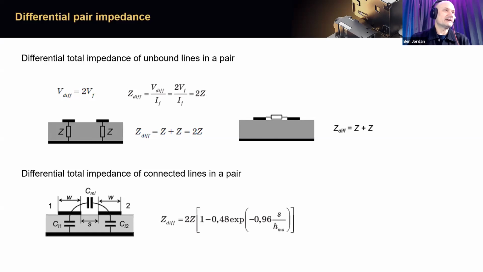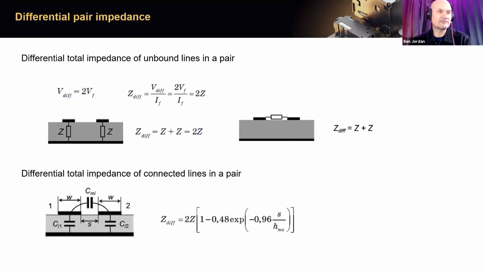So the actual total differential impedance is not exactly 2 times Z, it's 2 times Z plus an adjustment factor based on the coupling between each of the legs in the pair. And that's the formula shown beneath. This is a much more accurate way. And of course, this formula was put together by one of my colleagues in Europe.